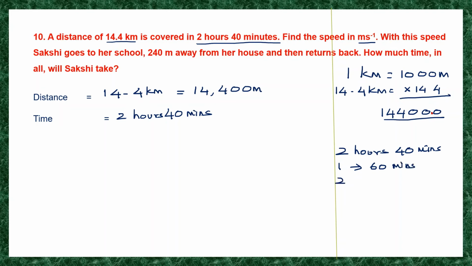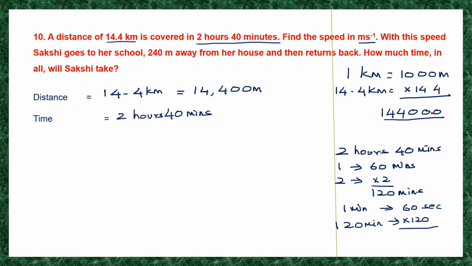So 2 hours will have 60 into 2, that is 120 minutes. Now we have 120 minutes which should be converted into seconds. So 1 minute has 60 seconds. Therefore 120 minutes will be 60 into 120.